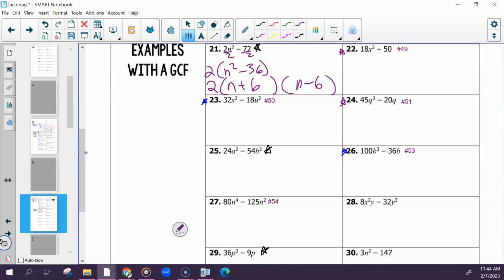Let's skip to 24. Do those have anything in common? Five and Q. So if we're dividing both of those by 5Q, what's left?